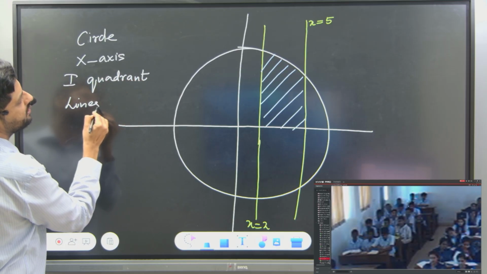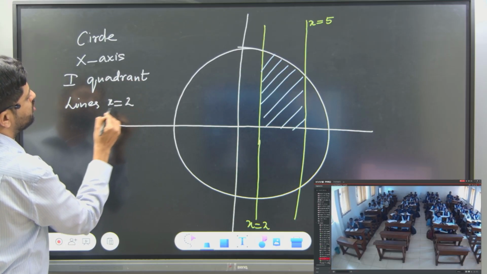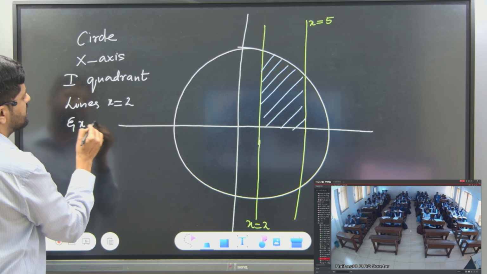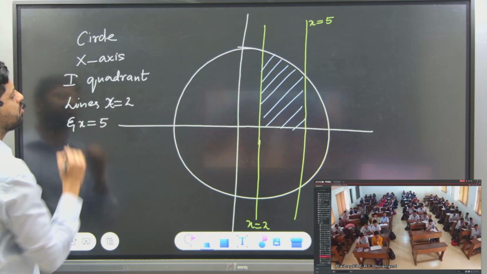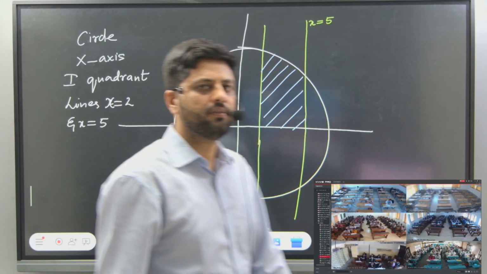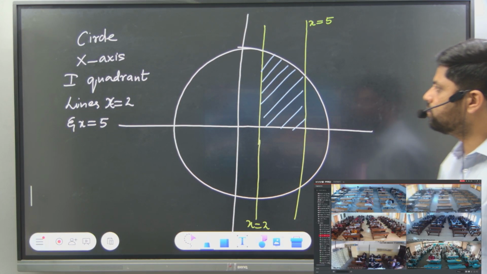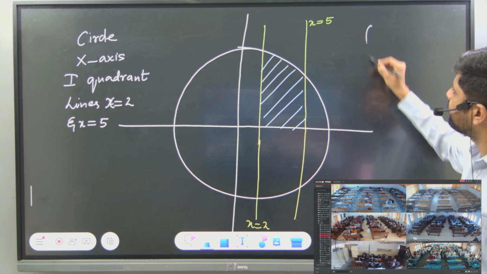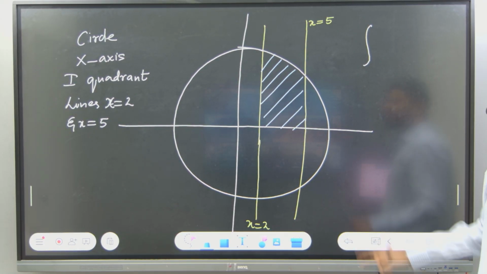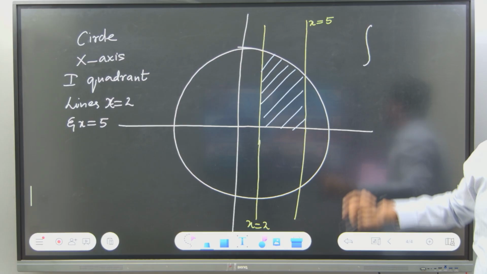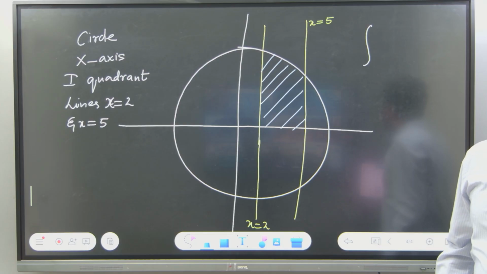And the lines are x is equal to 2 and x is equal to 5. So what shall we first do? Integration of. What should I write? What limits should I write?